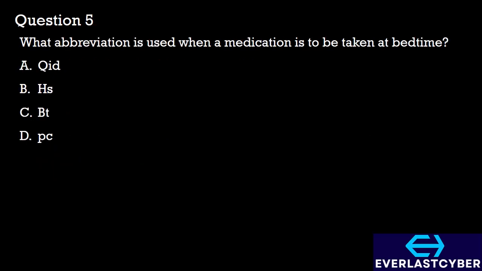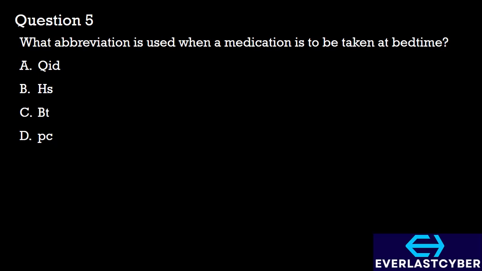Question 5. What abbreviation is used when a medication is to be taken at bedtime? A. QID, B. HS, C. BT, D. PC. QID stands for quater in die, meaning 4 times a day. HS is an abbreviation for hora somni, and this is Latin for at bedtime.